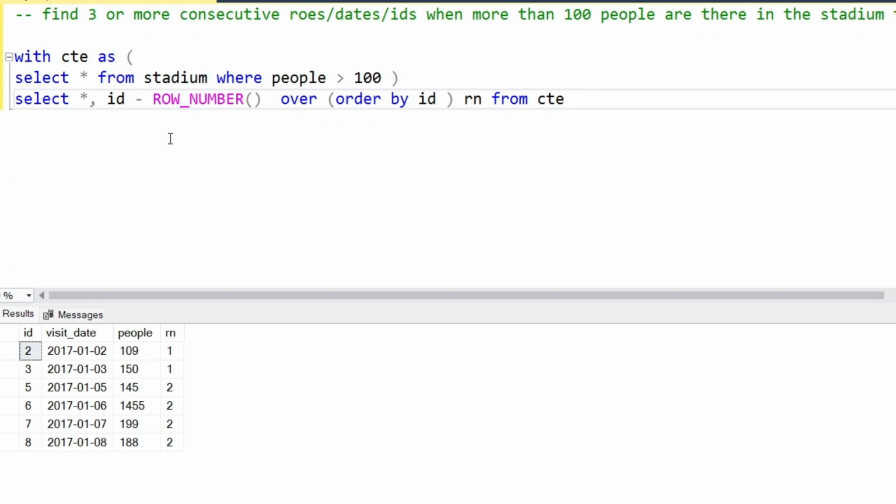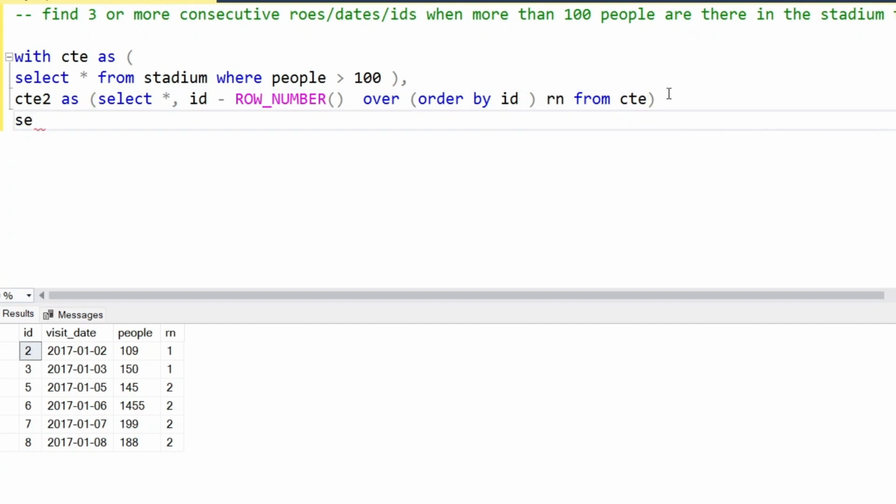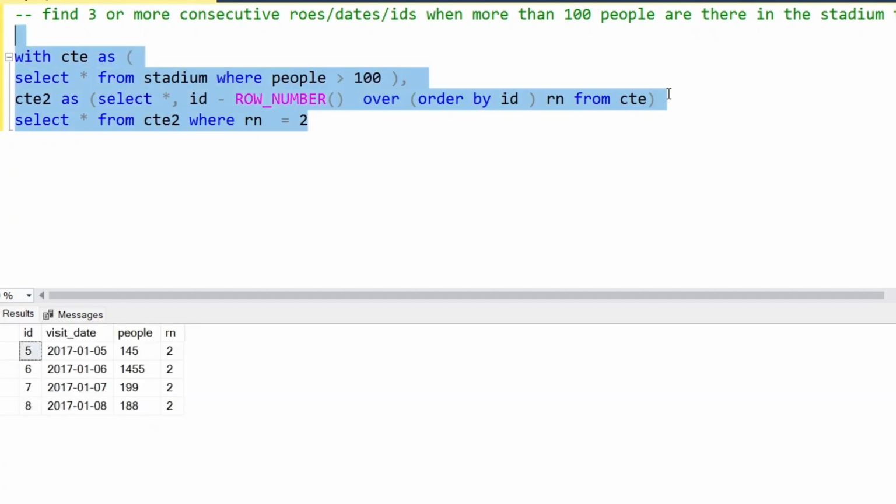What we are going to do is extract the groups where the count is greater than or equal to 3, so we will create CTE 2 as select from CTE 2 where the count is greater than or equal to 3. So we have the output.